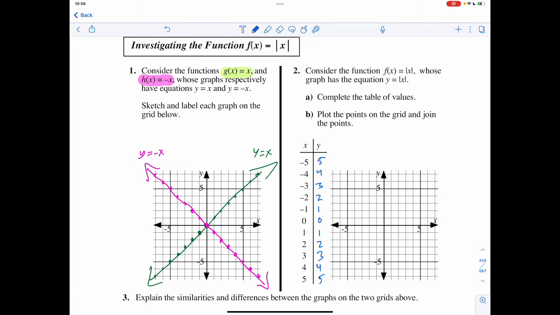And I can graph those points out. -5, +5, -4, +4, -3, +3, all the way to 0. And then when x is positive, they look the same. 1, 2, 3, 4, 5. And these would connect off and extend into infinity.